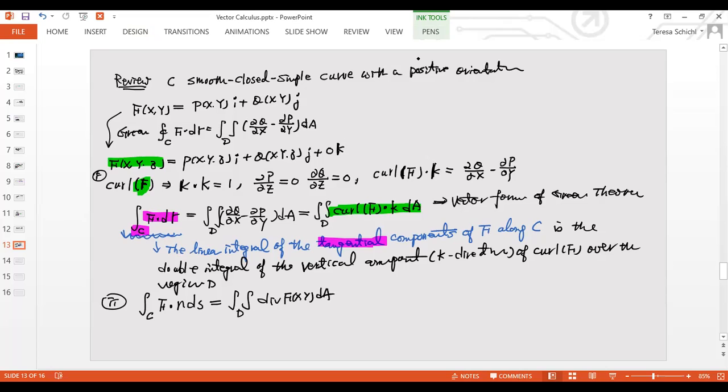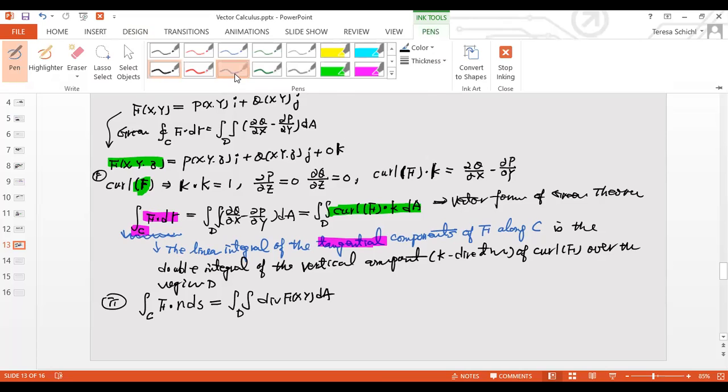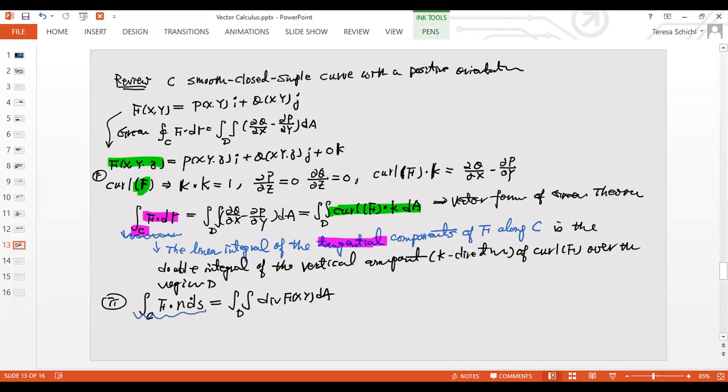This form we have not talked about, and we're going to talk about it. This is the line integral of the normal components of F along the C.